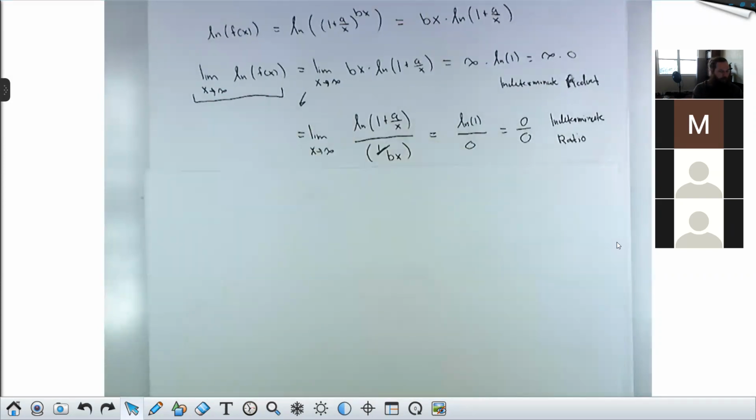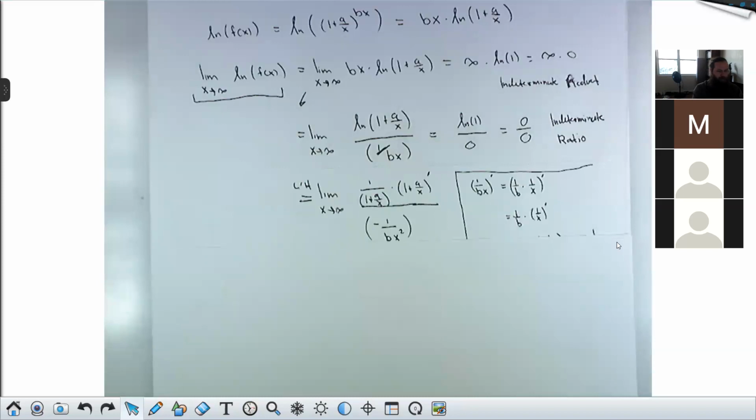So in my next step, I apply L'Hopital's rule. L'Hopital's rule says take the derivative of the top, which is this. The derivative of the natural log of something is always 1 over that something times the derivative of that something. And the derivative of the bottom, the derivative of 1 over bx, is the derivative I calculated on the side here.